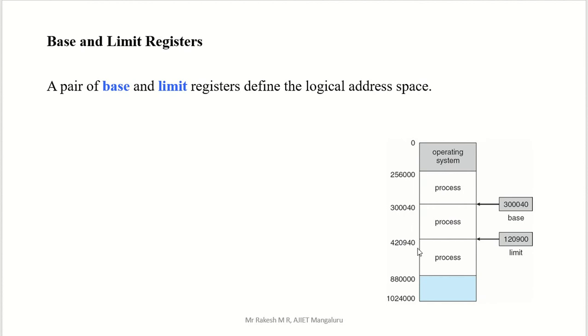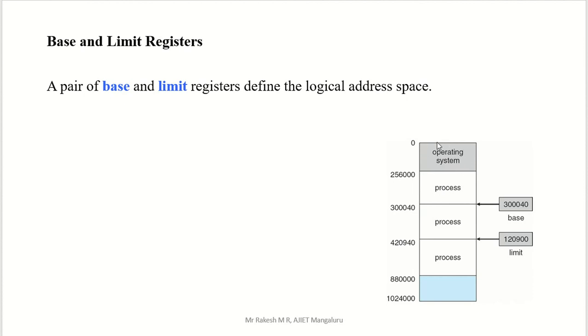This entire diagram is the memory part. This is the main memory, and that main memory is actually divided into two parts. Some of the part is given to the operating system. You can see here we have a separate color, that is given to the operating system.